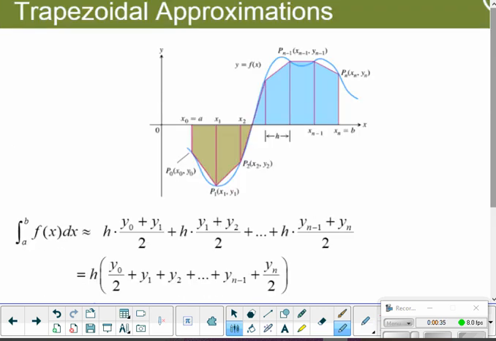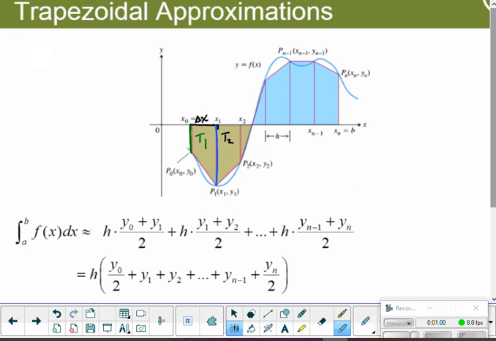Looking at this, just a little repeat on trapezoidal approximations. I see some trapezoids going on here. Let's look at trapezoid 1. Trapezoid 1 has a left height and a right height, and of course a width that we call delta x, right? Then I go on to trapezoid 2.